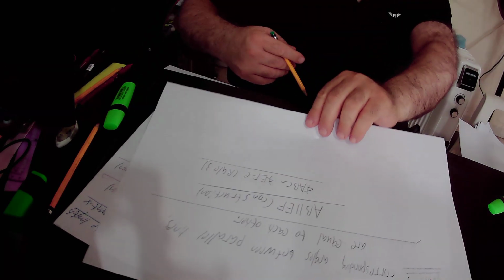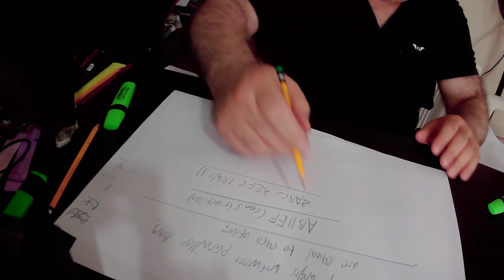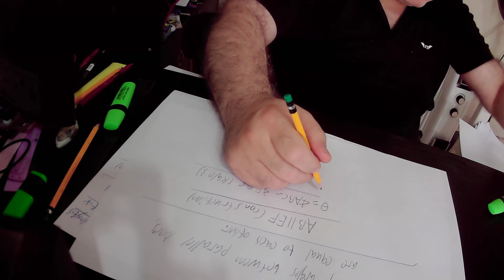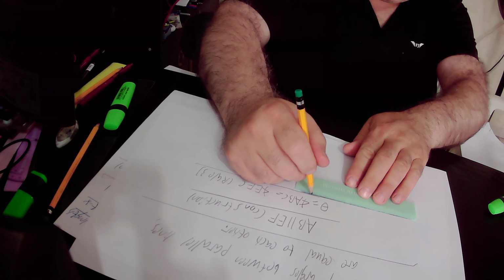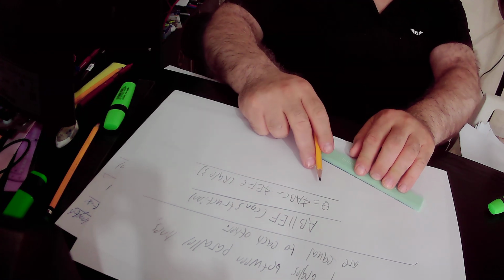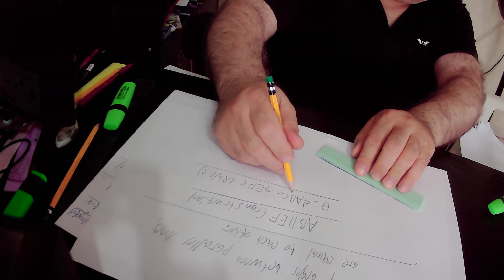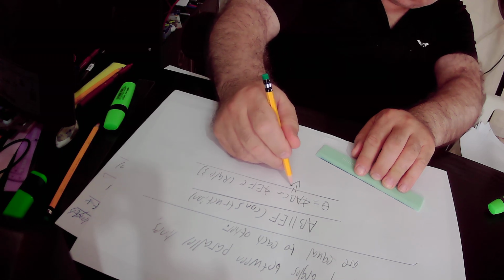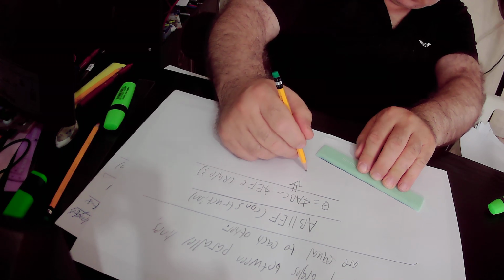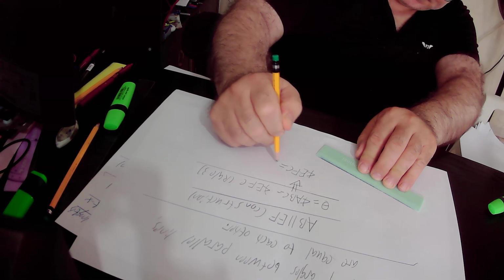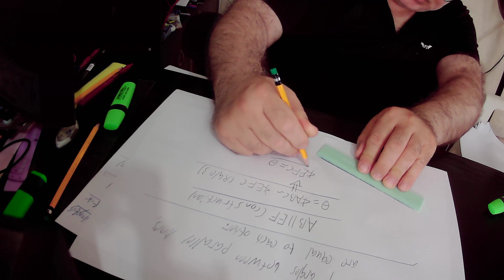From theta equals angle ABC equals angle EFC, we derive that angle EFC is also equal to theta.